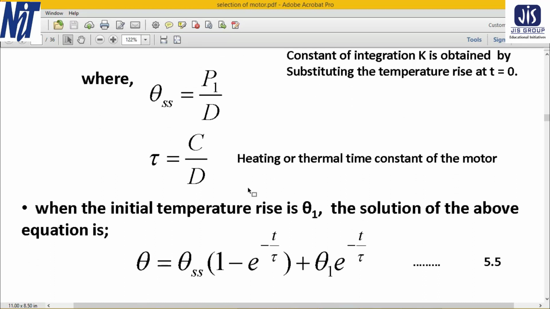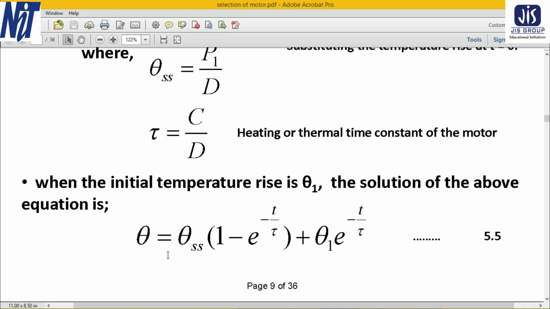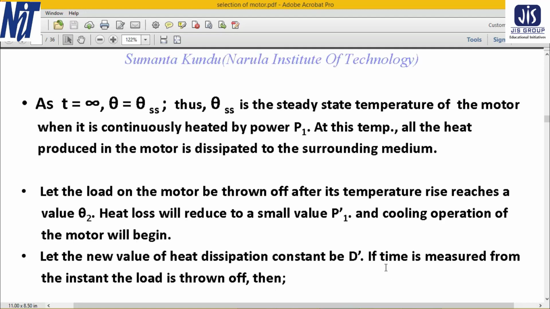Now in this solution we have taken the initial value as 0. Now if the initial temperature rise is θ1, the solution of the above equation becomes θ = θs(1 - e^(-t/τ)) + θ1 e^(-t/τ).